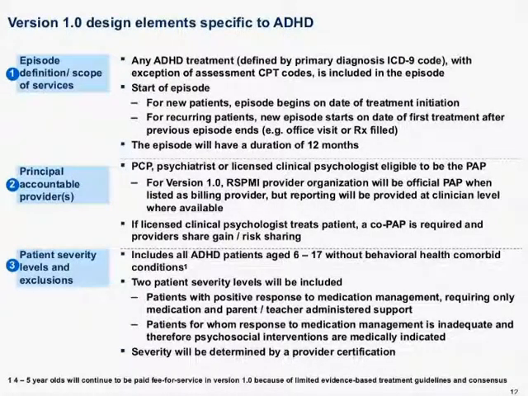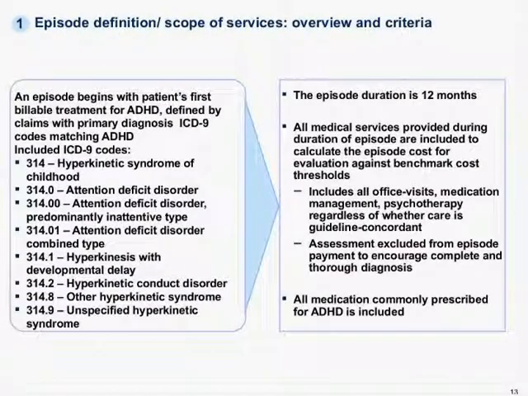They will be dropped from the episodes. The next slide goes through the included ICD-9 codes that match for ADHD, and again tells that the episode duration is 12 months. I believe everything else we've gone through here.